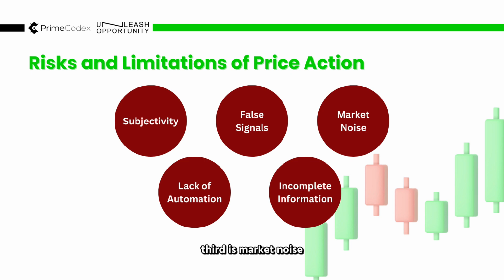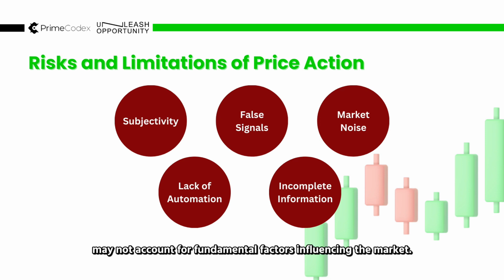Third is market noise. In a volatile market, price action signals may be less reliable. Fourth is lack of automation. Requires manual analysis and decision making, which can be time consuming. And the last is incomplete information. Price action may not account for fundamental factors influencing the market.